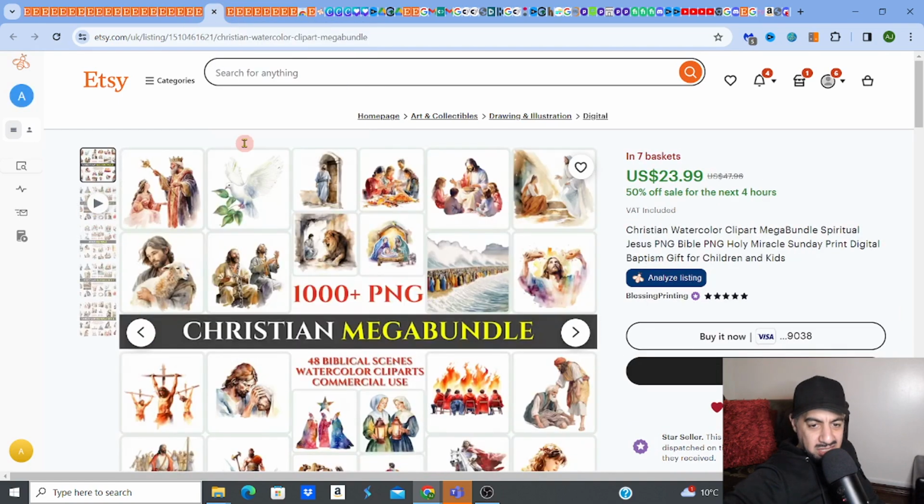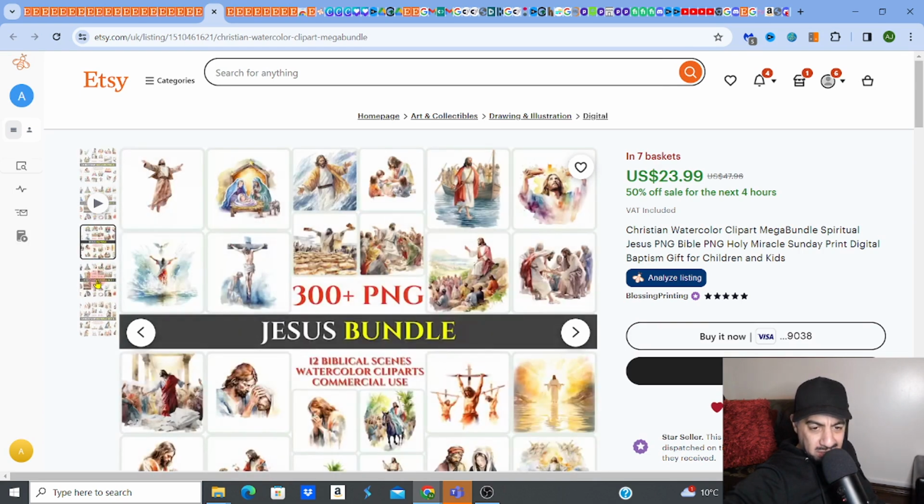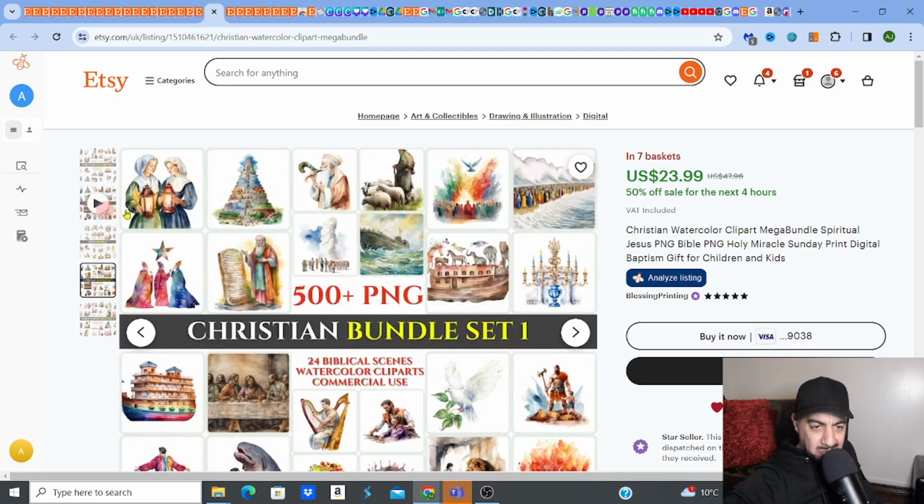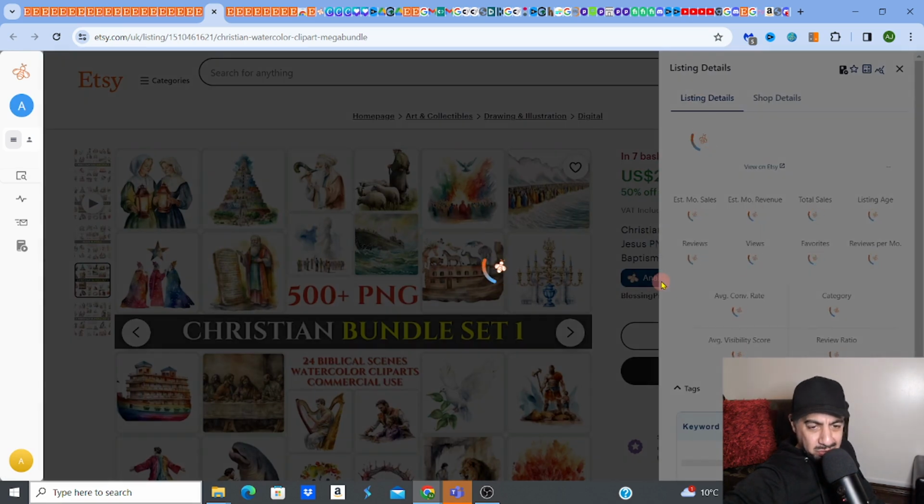And here's the Christian. Well, there's a massive bundle. Christian watercolor PNG mega bundle, right? Again, 7 in a basket. Look at this. Massive bundle, 500 PNG, guys. Fantastic. Massive bundle, watercolor designs.